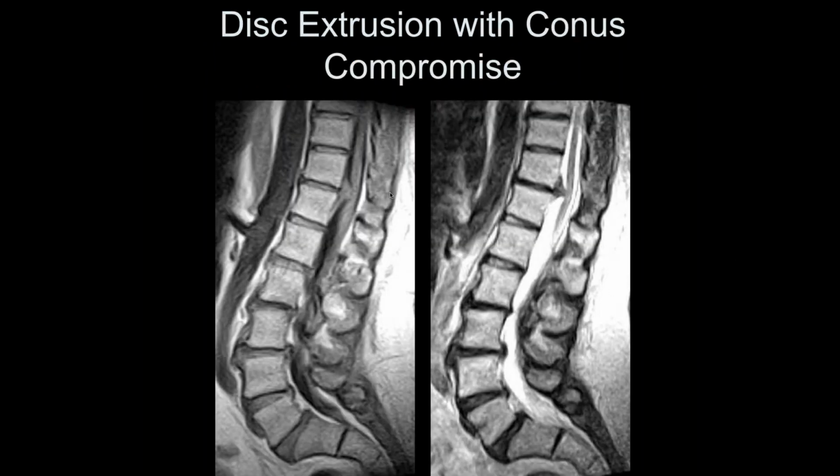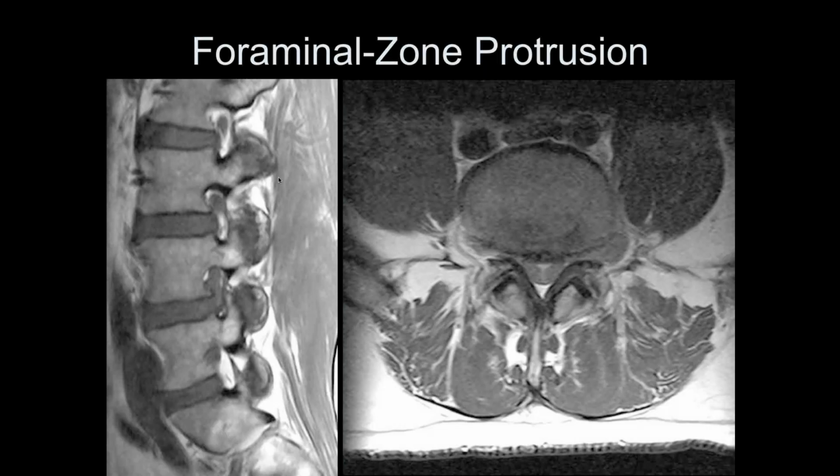Okay, and then this just shows a lower thoracic central focal extrusion, which is then deforming and compressing the conus. So this can have significant symptoms. And that just then shows an extruded disc, which is going up into the foramen, compressing the nerve root, and we can see the foraminal component of the extruded disc on the left here, the right being normal.